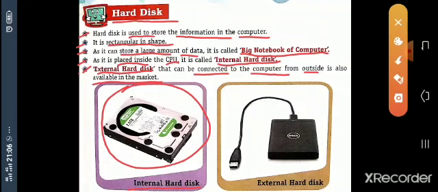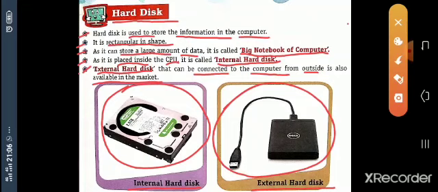A hard disk is an electromechanical data storage device that uses magnetic storage to store and retrieve digital data using one or more rigid, rapidly rotating platters coated with magnetic material. Now second one, external hard disk. See, this is external hard disk.